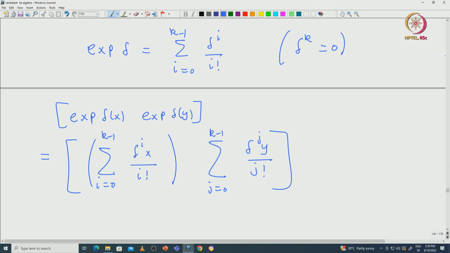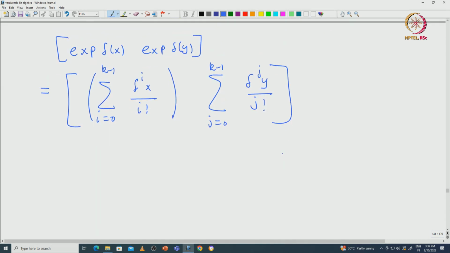So, this is the element that we get. If we expand this again, it is easy to see that I can actually increase the index, there is no issue, because delta power r will be 0 whenever r is greater than or equal to k. That means I can go from 0 to 2k minus 2.